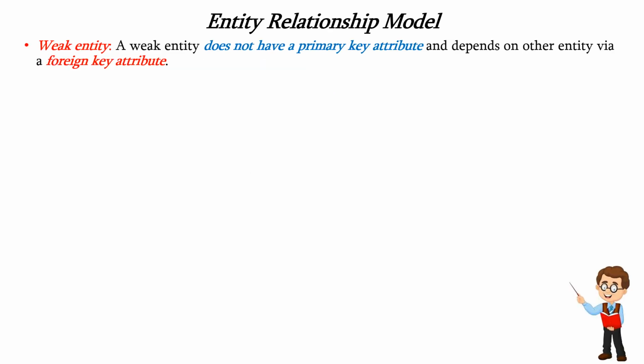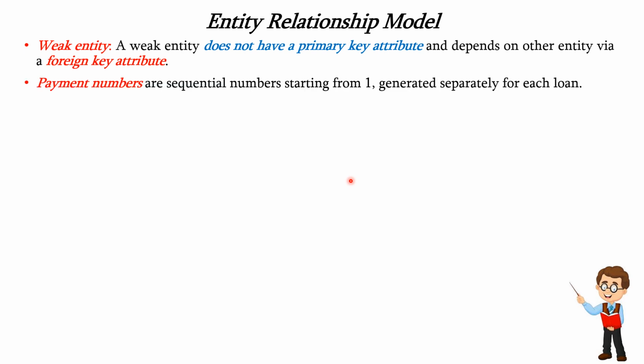Next, we'll see about weak entity. So, an entity which does not have the primary key attribute and depends on another entity via a foreign key attribute is called a weak entity. So, for example, in the bank, if we are borrowing a loan, there will be a payment number for loans. Payment numbers are sequential numbers starting from 1 which are generated for each loan.